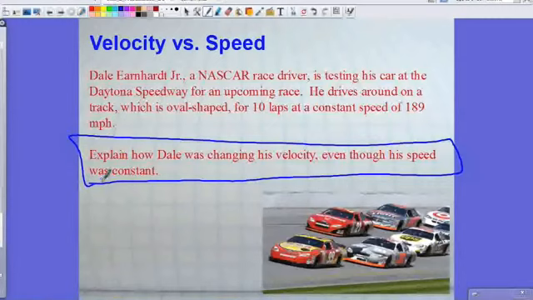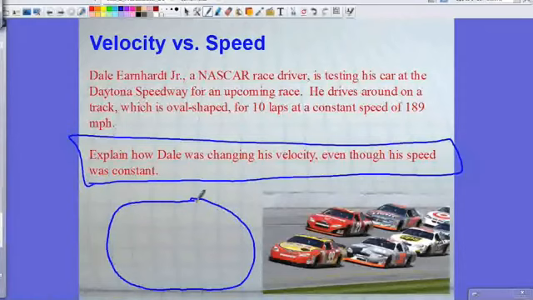Well, if you think about it, let's look at an oval track. This is the track that he's driving around. Usually on a track, they're always taking left turns. So he's driving this way at one point, then he'll turn and drive this way, and then this way, and this way. The velocity changes because his direction constantly keeps changing.